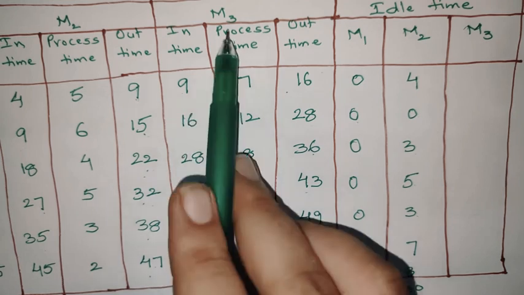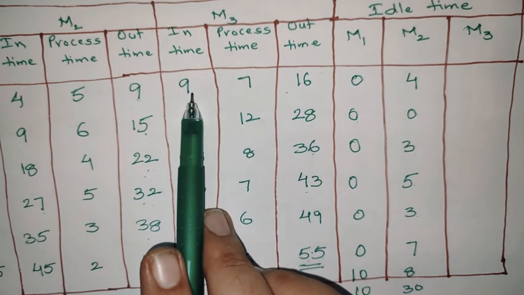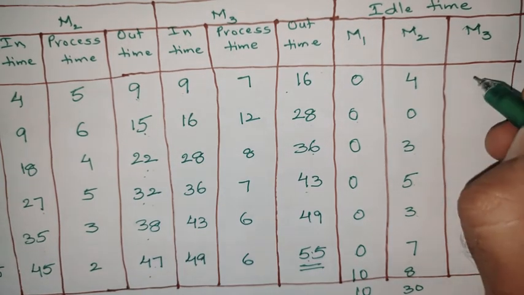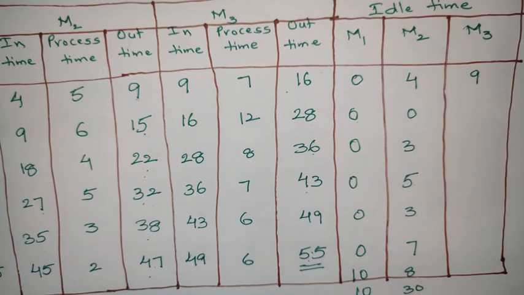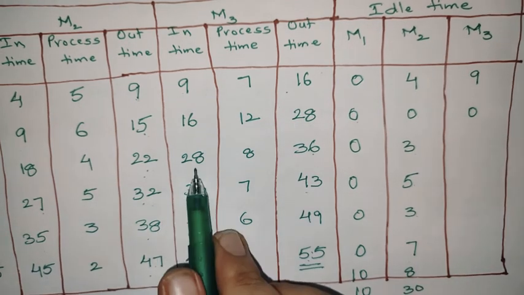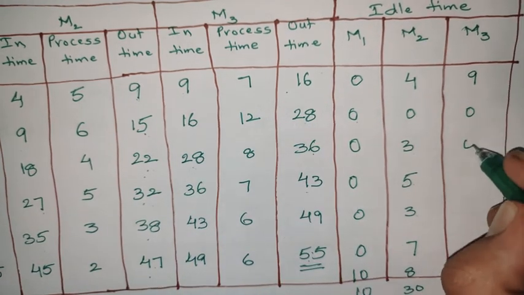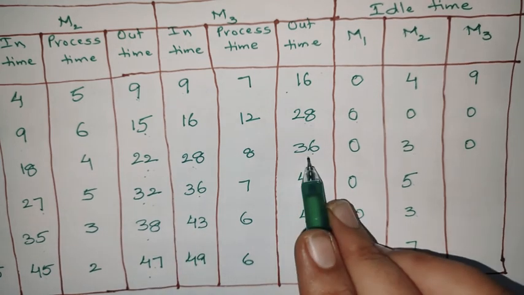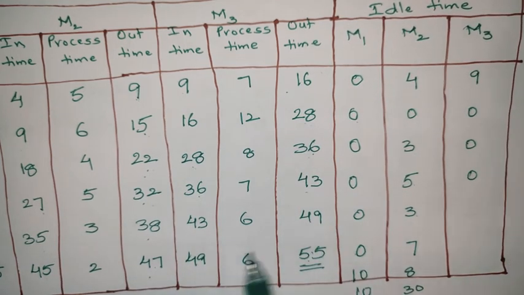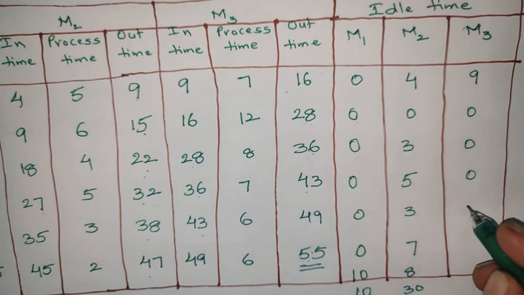Next, let us calculate the idle time on machine 3. Machine 3 has to wait for 9 hours initially, so initial idle time is 9 hours. Then next idle time, difference of 16 and 16, 0. Difference of 28 and 28, 0. Difference of 36 and 36, 0. Difference of 43 and 43, 0.